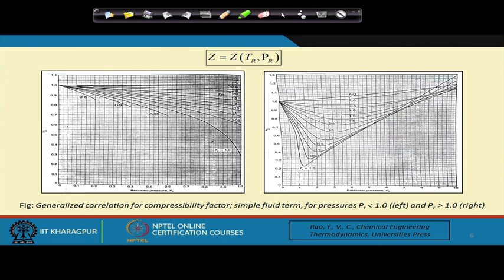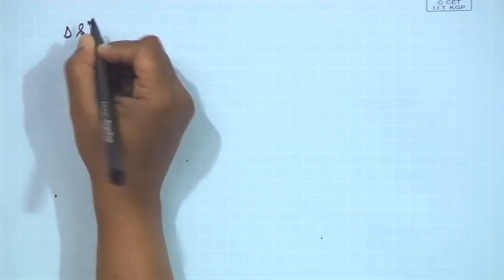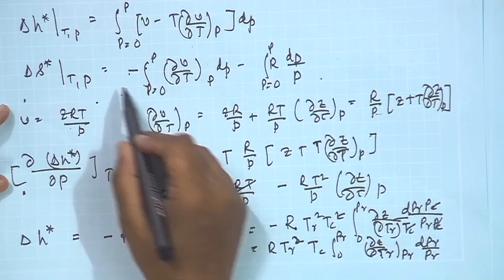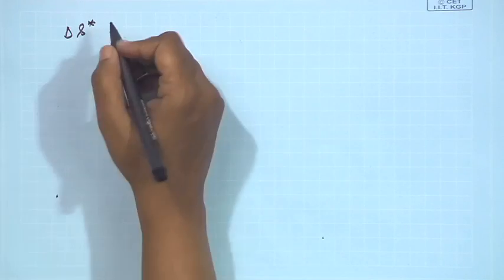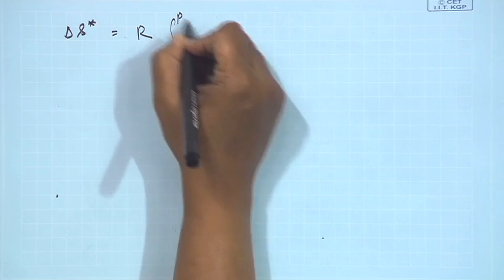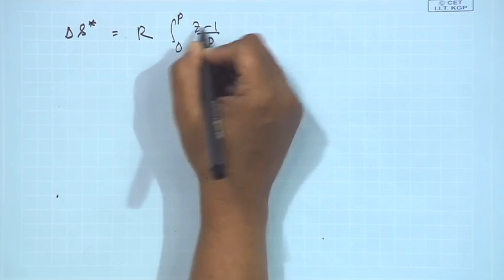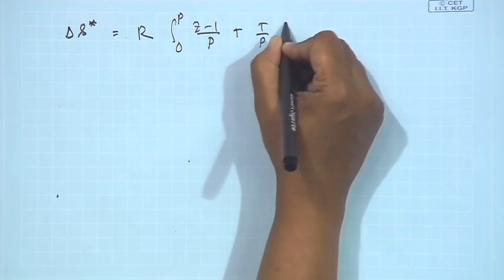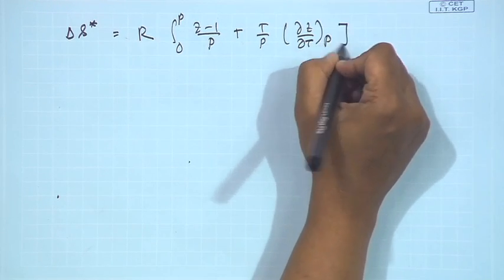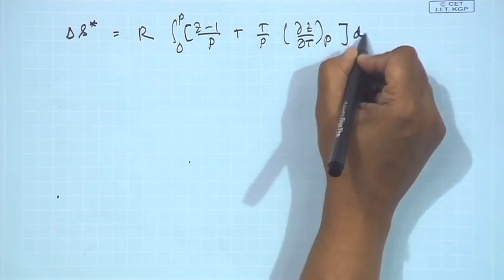Just in the way we have expressed delta H star, we should be in a position to express delta S star as well. How to express? In the same way, we are going to substitute this expression here and we are going to work it out. This gives minus R integral 0 to P, Z minus 1 by P plus T by P del Z del T at constant P, dP, isn't it?